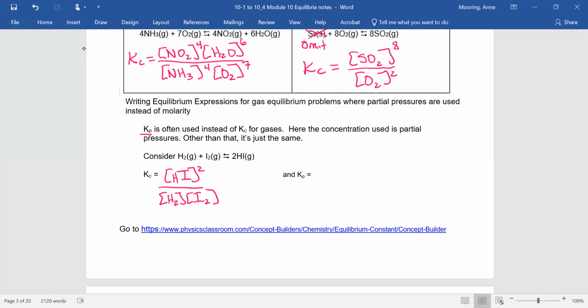However, if we are asked to write it in terms of partial pressure, we would need to write PHI squared over PH2 times PI2.